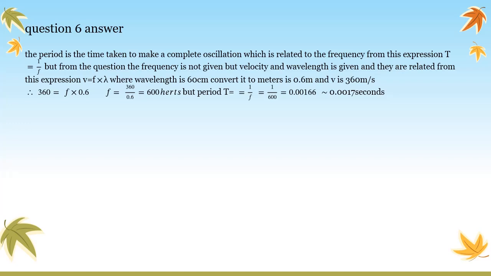From the expression V equals f times lambda, where the wavelength is 60 cm, converted to meters is 0.6 m, and V is 360 m/s. 360 equals f times 0.6, so f equals 360 over 0.6 equals 600. The period T equals 1 over f equals 1 over 600 equals 0.00166, about 0.0017 seconds.